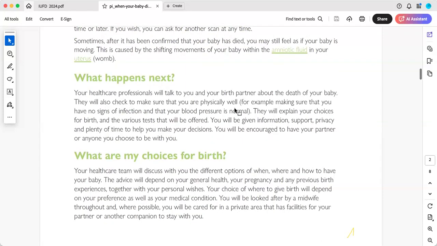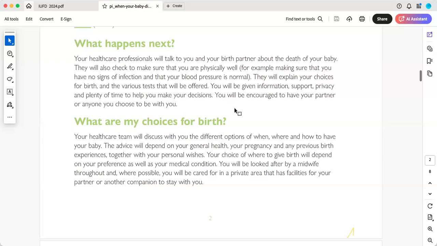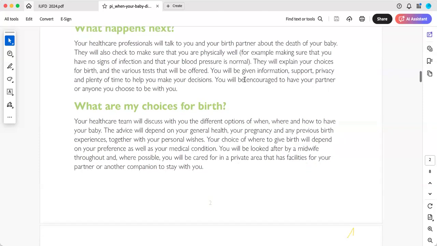What happens next? This is very important. The healthcare professional will talk to you and your birth partner about the death of the baby, and they will check to make sure that you are physically well, for example, that you have no signs of infection and your blood pressure is normal. Then they will explain your choices of birth and the various tests that can be offered.